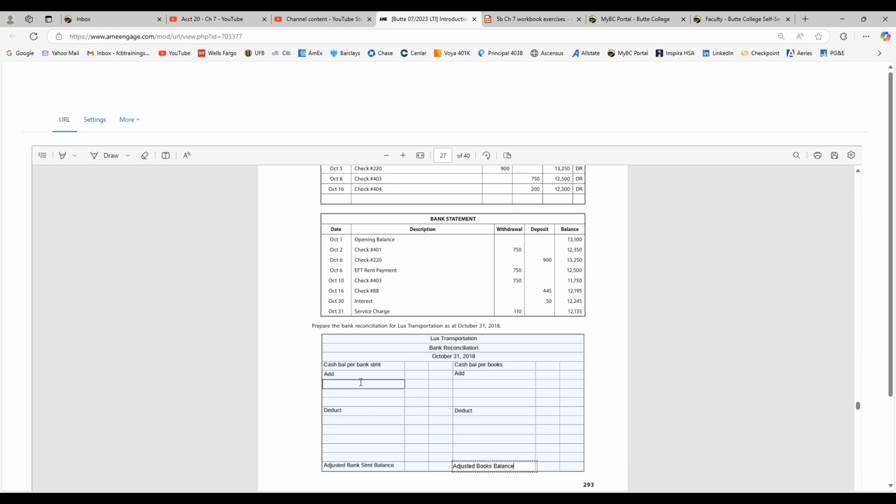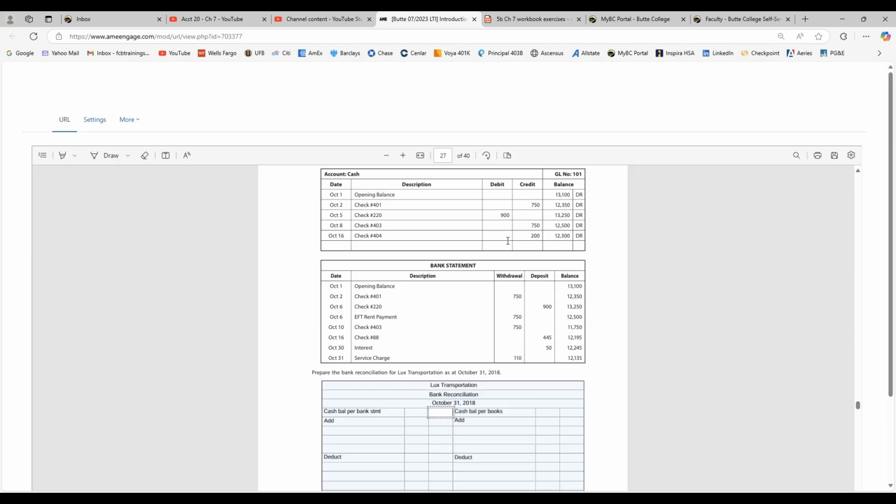Okay, so let's begin by putting in our ending totals for both parts. We got 12,300 for the books, and on the bank statement we have 12,135.